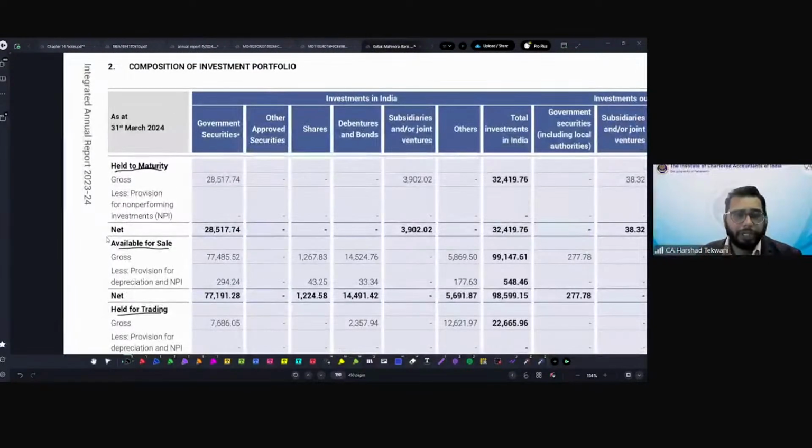So till the time you are not able to verify whether this classification is correct or not, I will not be able to perform verification of this disclosure. So I have to be sure that this classification is done appropriately. The investment which was supposed to be classified as held to maturity is held to maturity only. It should not be classified as held for sale.